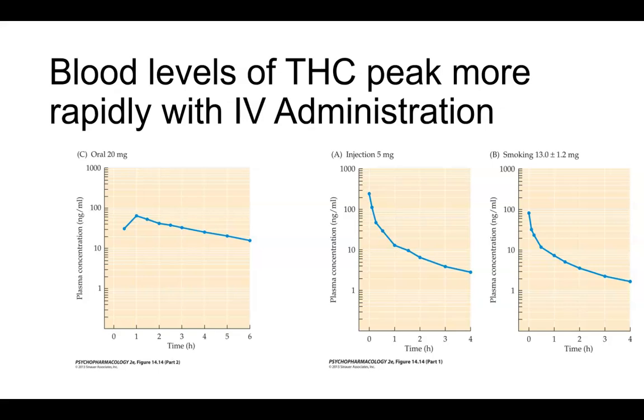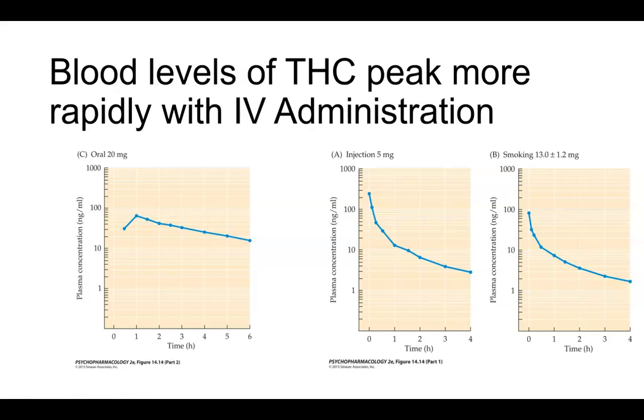Now, in general, you don't usually hear about people doing intravenous THC administration, but researchers have found that blood levels do tend to peak more rapidly with IV administration compared to either smoking or oral administration.